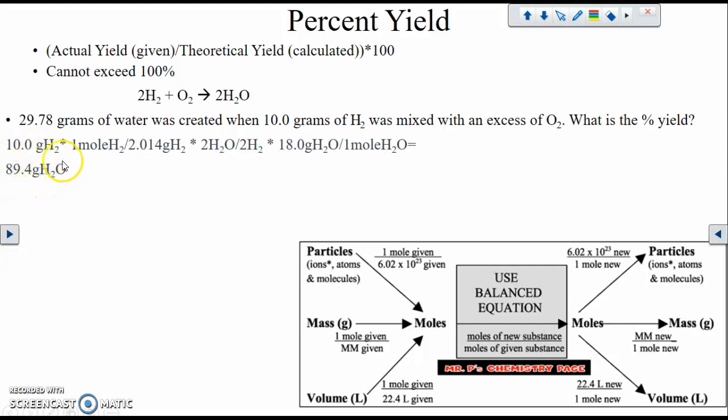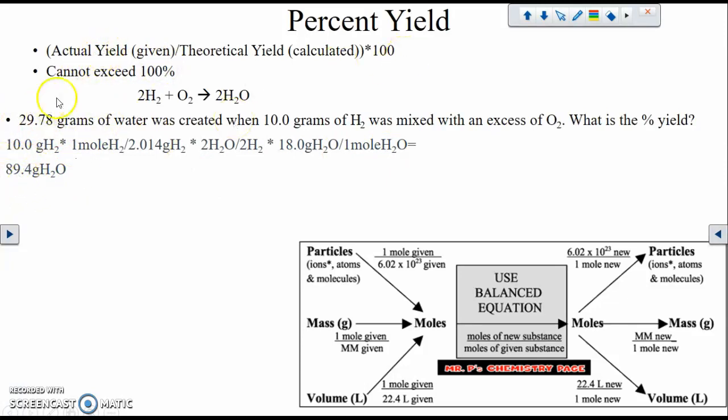However, what we actually got is 29.78 grams of water. So this is when you go back and remember this number, and now you're going to compare these two numbers. This is the theoretical yield. Theoretical yield is always the product of a gram to gram problem, okay? The grams that are given to you is always the actual yield.